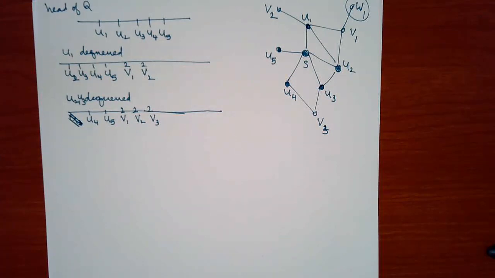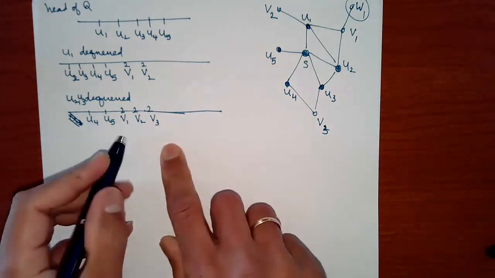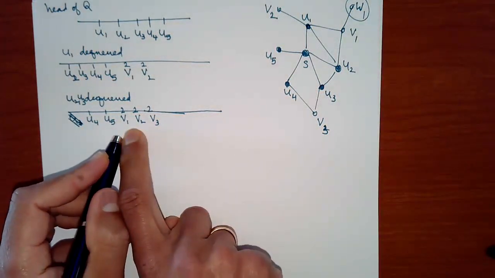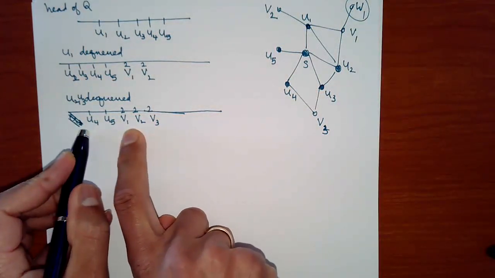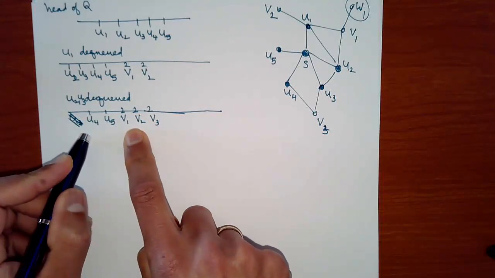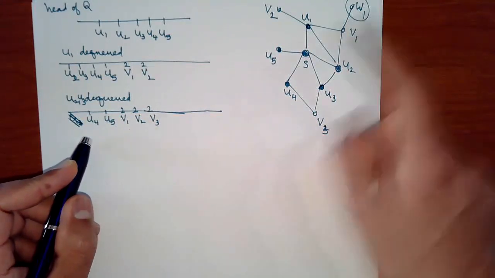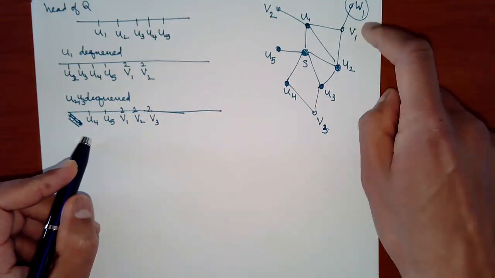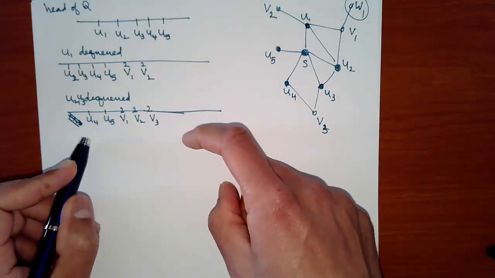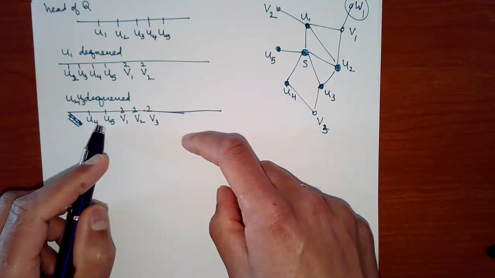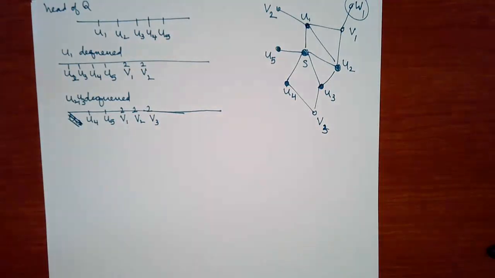Now here's the question. When W1 enters the queue, what needs to happen? When V1 is dequeued, then W1 goes in. When V1 is dequeued, U4 and U5 are out of the queue. So when the first vertex at distance 3 enters the queue, all vertices of distance 1 have exited from the queue.